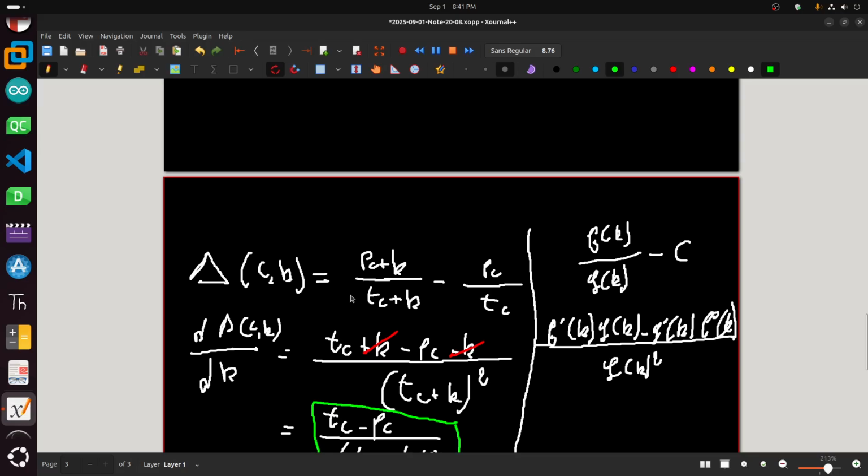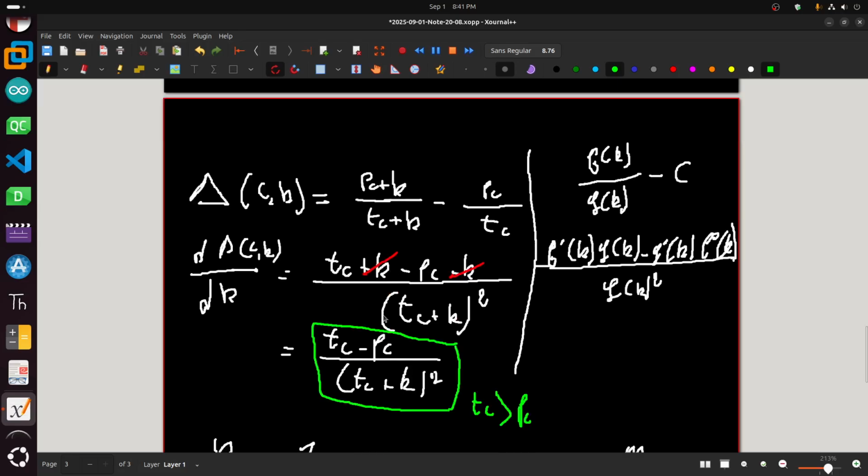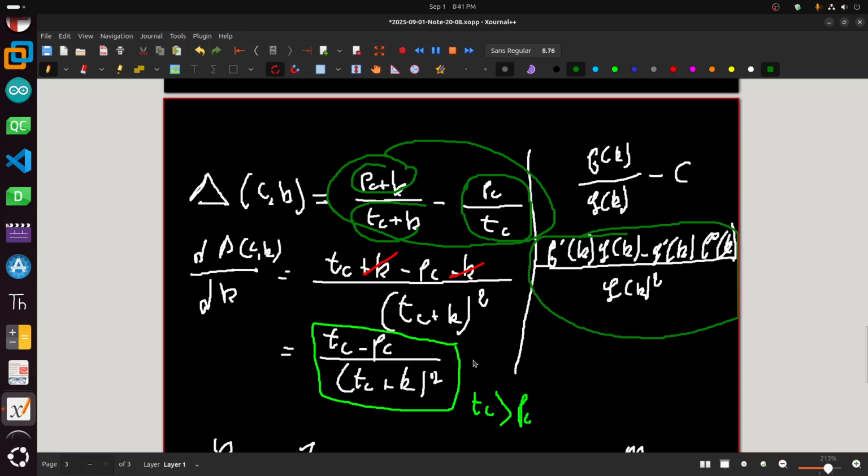So if we compute the derivative of delta C_k with respect to k, we'll have this formula, because this function here is f(k) over g(k) minus c. This is f(k), this is g(k), this is a constant c. As you know, we can compute the derivative of this function as shown here.